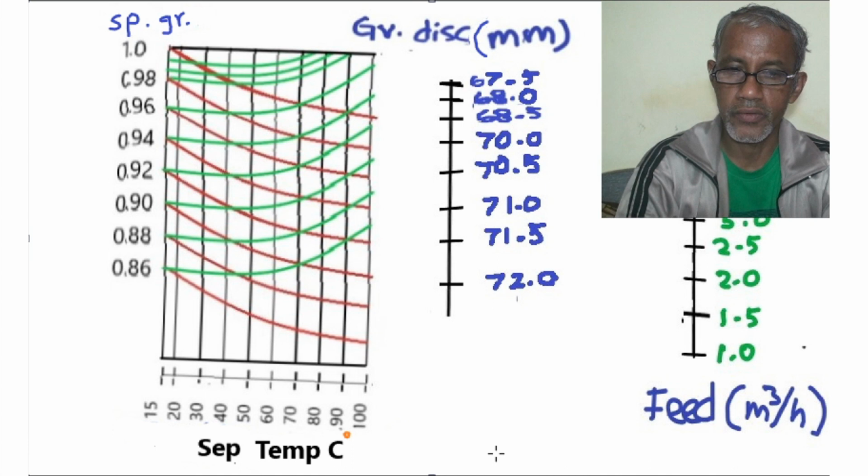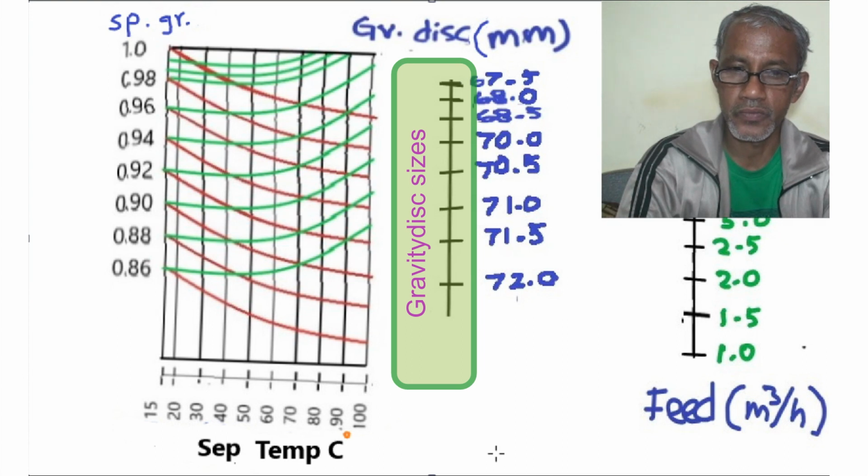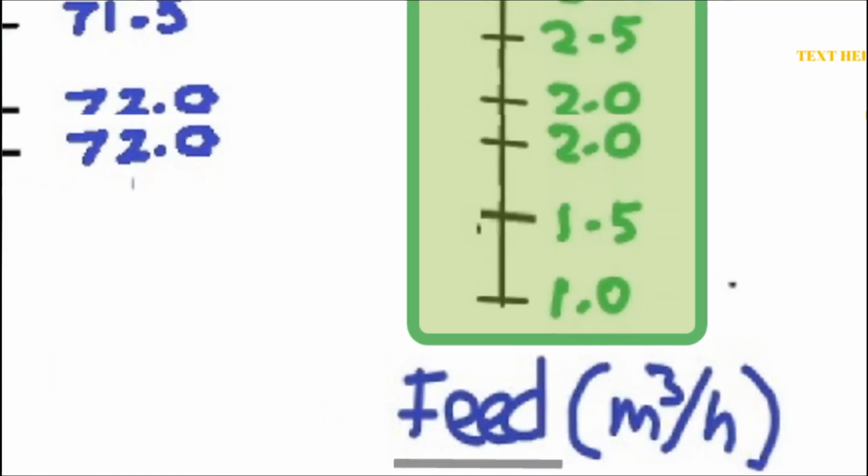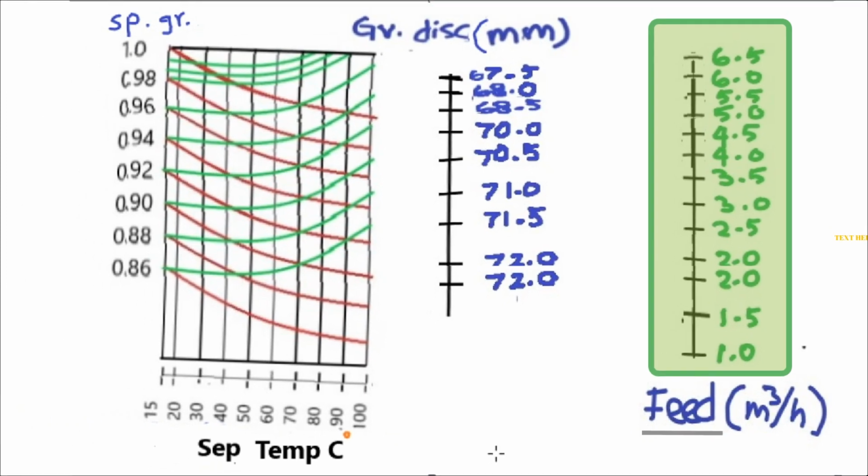And we have a vertical line representing the different gravity disk sizes, and to the rightmost we have feed rates in meter cube per hour.